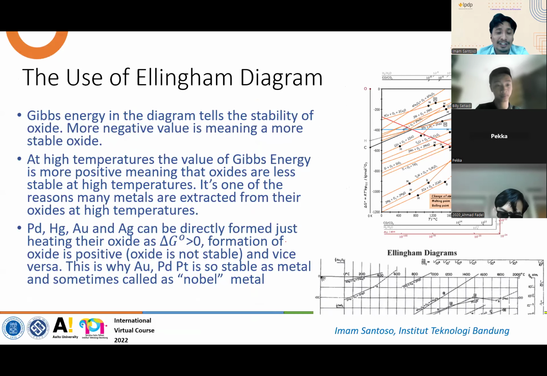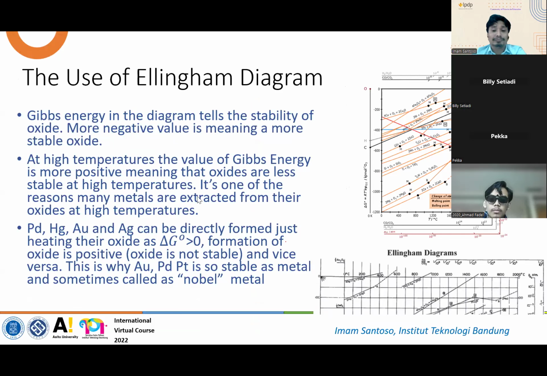Now we move to the use of the Ellingham diagram. The more negative, the more stable the oxide. For example, at 800 degrees C, the value of the Gibbs energy of calcium oxide is more negative than, for example, titanium oxide.